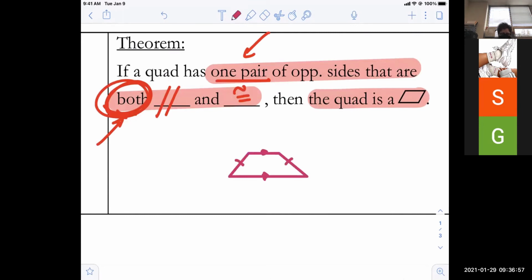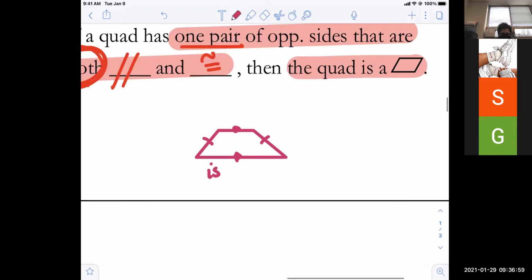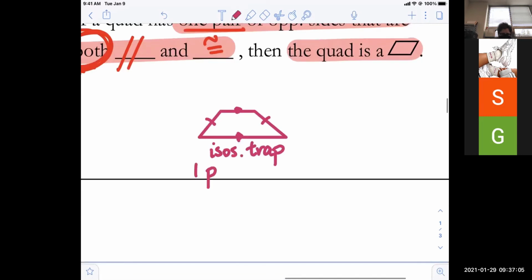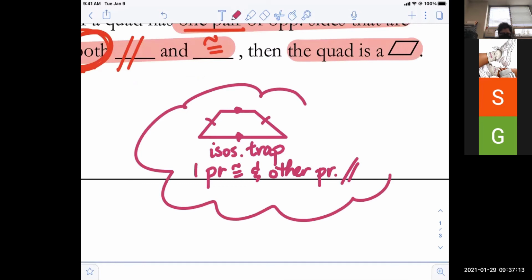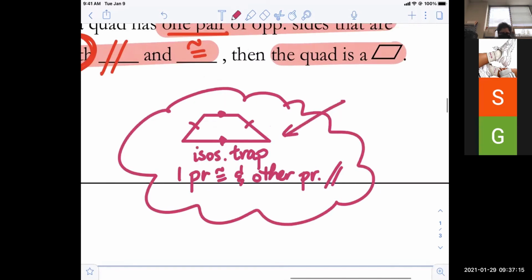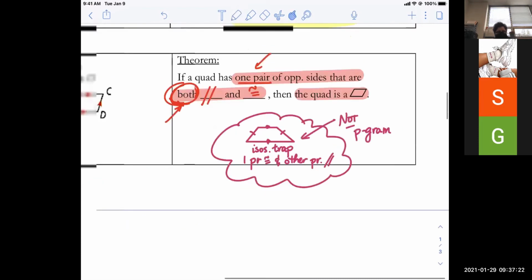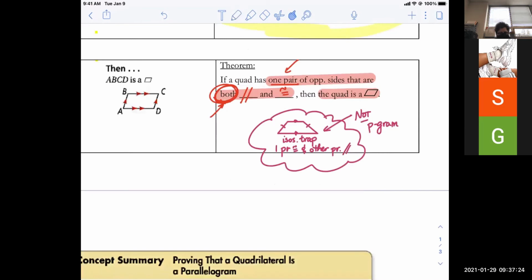So this is an isosceles trapezoid, and it has one pair congruent and the other pair parallel. And that again is not a parallelogram. So you've got to make sure when you're checking for parallel and congruent that it's the same pair of sides.